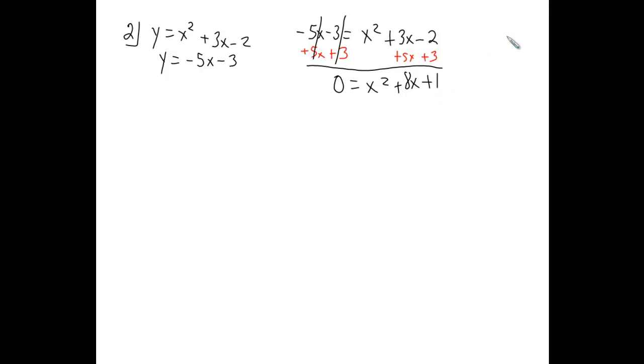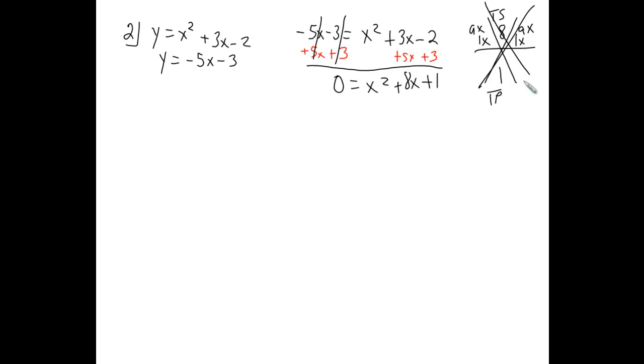Now notice in this problem, when I try to do the snowflake method or when I try to factor it, the target product is 1 and the target sum is 8. Since the only factors of 1 are 1 and 1, there's no way I can add those together and get 8.